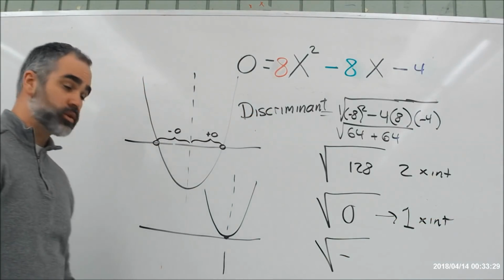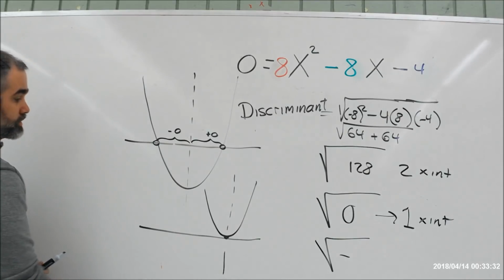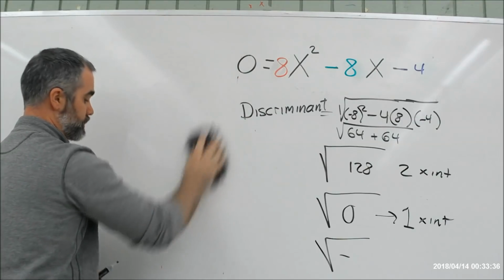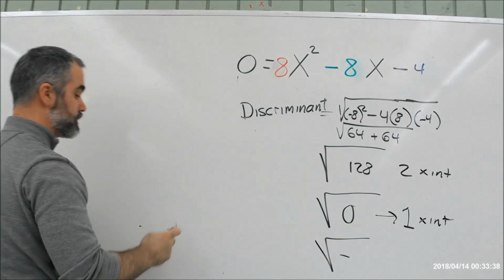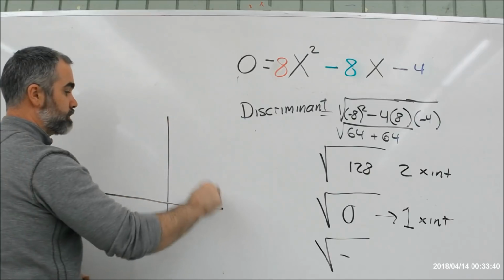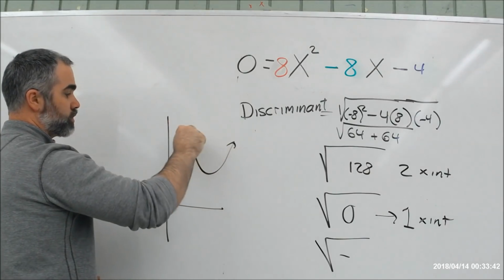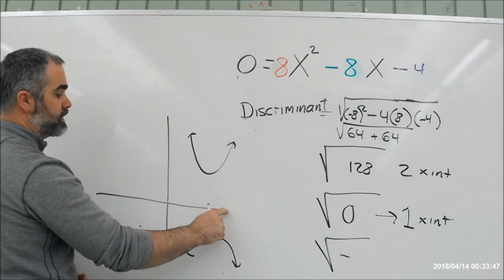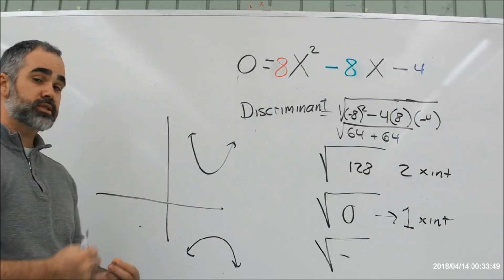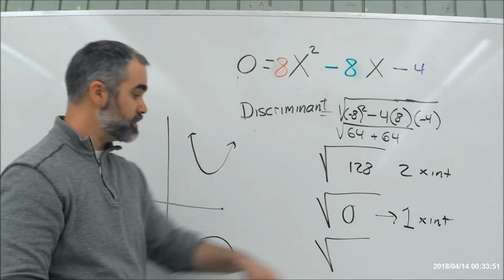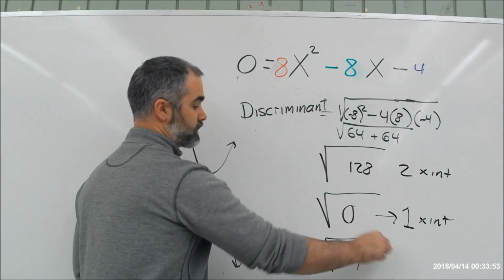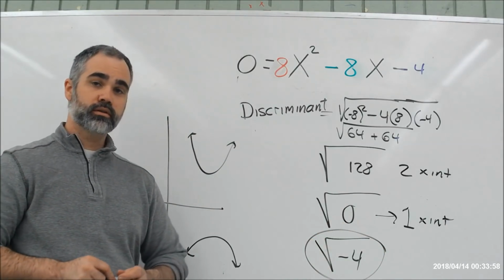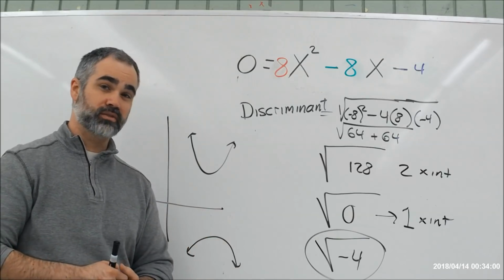The last case is the weirdest case, where I have no x-intercepts. You can try, you'll find that there's parabolas that have 0 x-intercepts, and they're floating above the x-axis, or maybe hanging below it, but at no point do they ever intersect the x-axis anywhere. You'll see that if there's a negative number in here, maybe negative 4, something like this. If you end up with a negative number in your square root, you can't take the square roots of negative numbers.